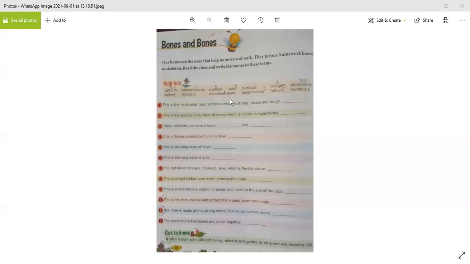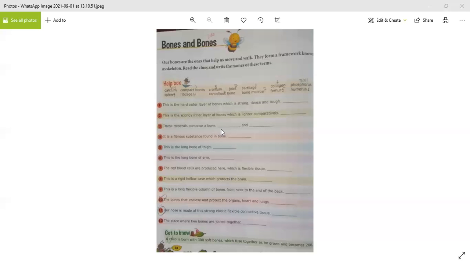See, our bones have two kinds of minerals. You have to learn the names of those minerals. These minerals are calcium and phosphorus. See, your mothers tell you to drink milk because in this way your bones will become strong. So when we drink milk, it has calcium. And this calcium is found in our bones also.